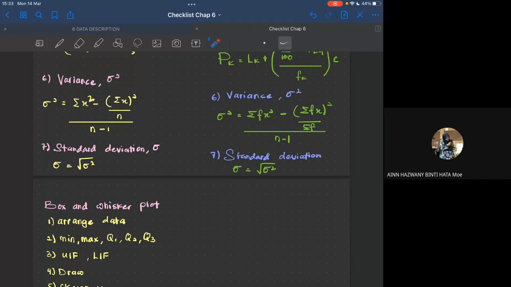So untuk group data you have to multiply fx square dekat situ. Standard deviation just kita square rootkan je kita punya variance. Okay, kita akan tengok itu dulu.